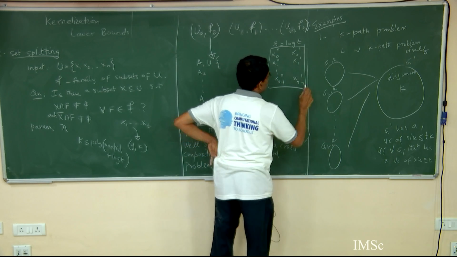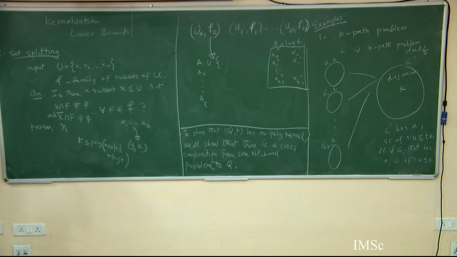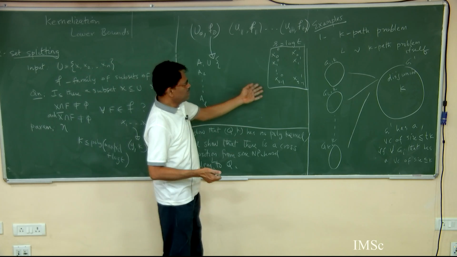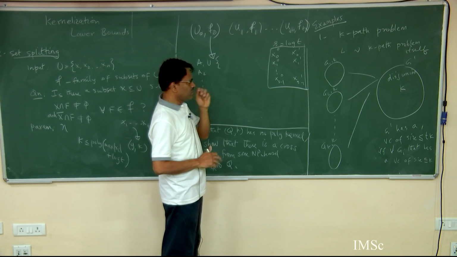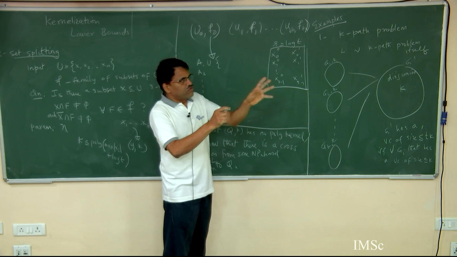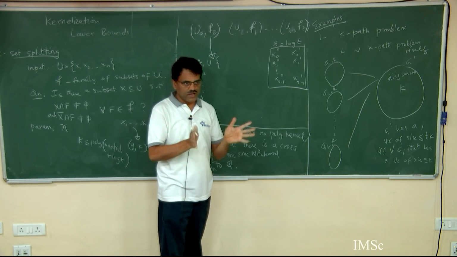These are 2s many extra elements of my universe. I have my original universe of n elements. Now, I am going to create 2 log t extra elements. So, now my parameter just goes from n to n plus 2 log t, which is allowed, because I am allowed polynomial in log t.